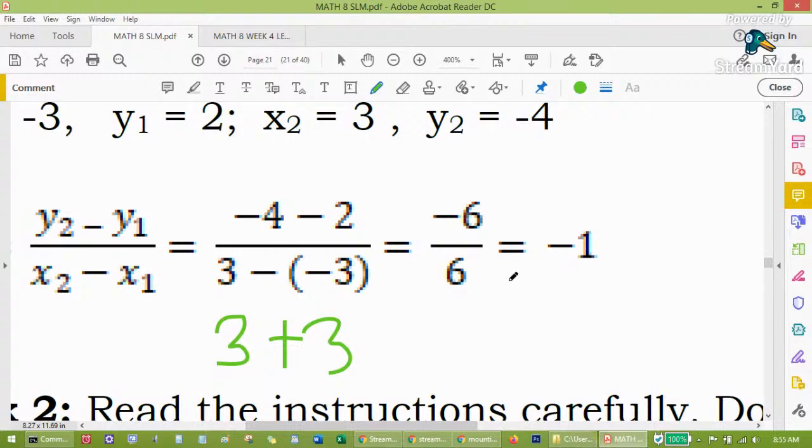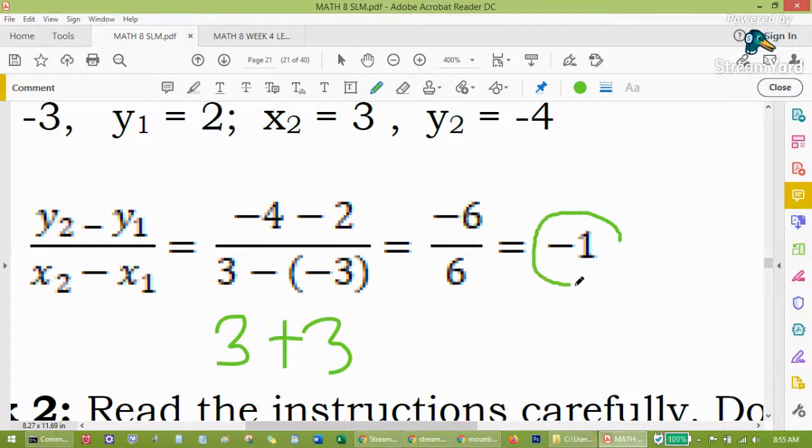Okay, so, eto na tayo, no? We are dividing two numbers with different signs. One is negative and the other is positive. Negative divided by positive is negative. And then 6 divided by 6 is 1.